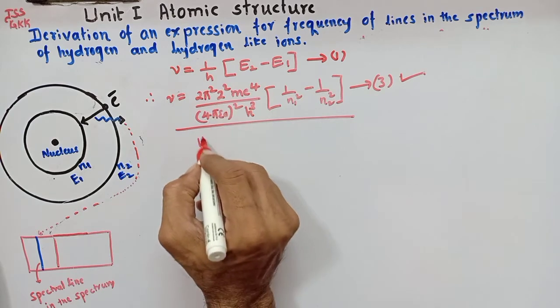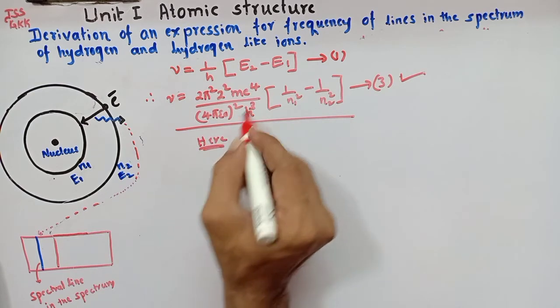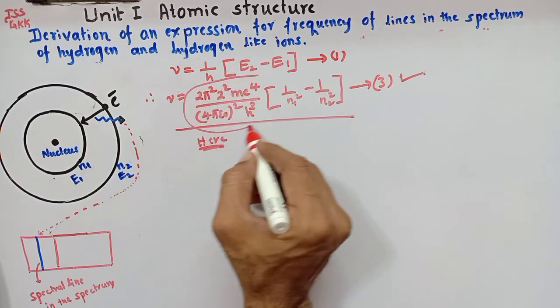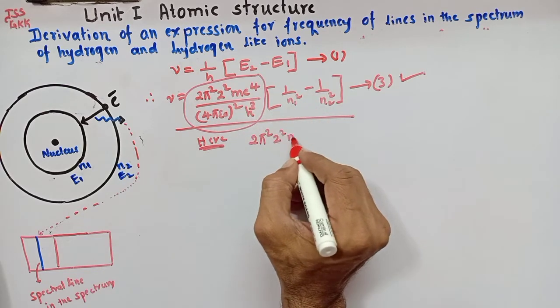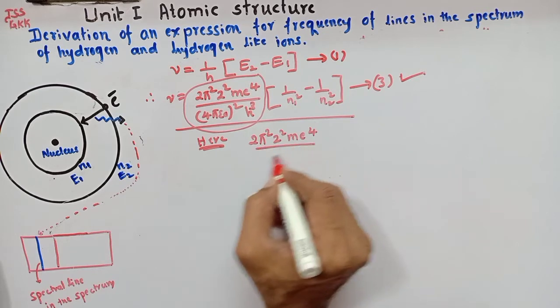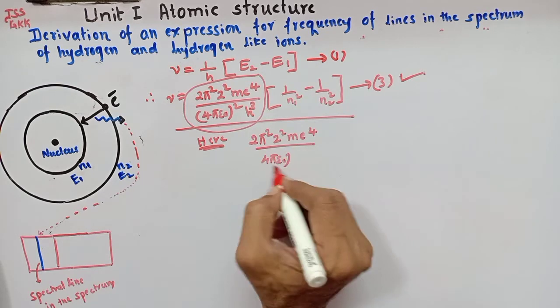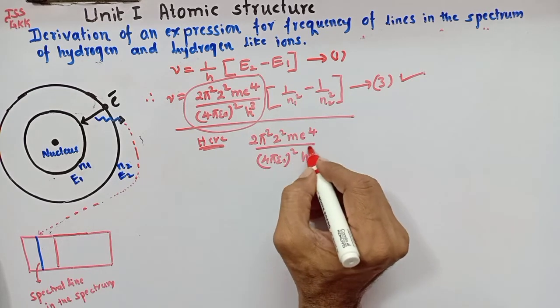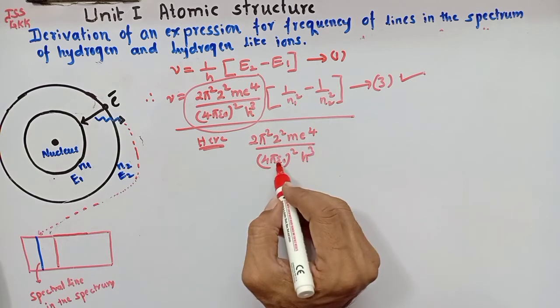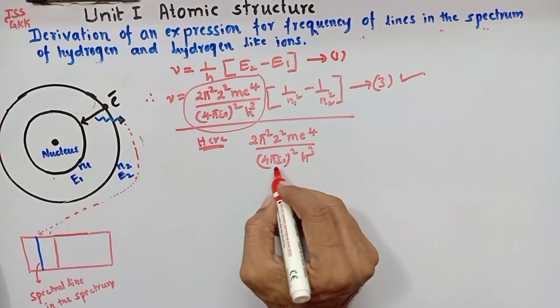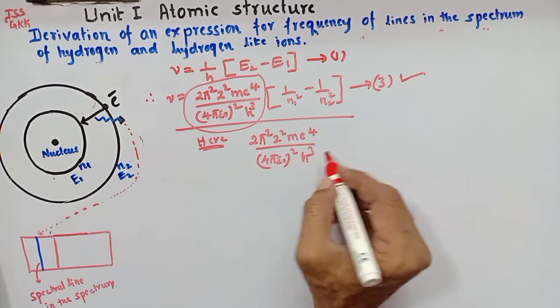Here, the value of this factor, that means 2π²Z²me⁴/((4πε₀)²h³), where Z is the atomic number, m is the mass and e is the charge of the electron, 4πε₀ is the permittivity factor, and h is Planck's constant.